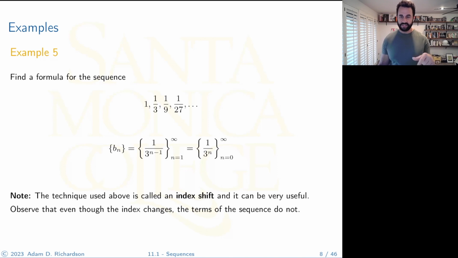Like I said, the numerator is always 1, and the denominator is always powers of 3. And so that's why our closed form has that structure. So when you're trying to find the formula, it helps to look at the pieces individually and see what you get.